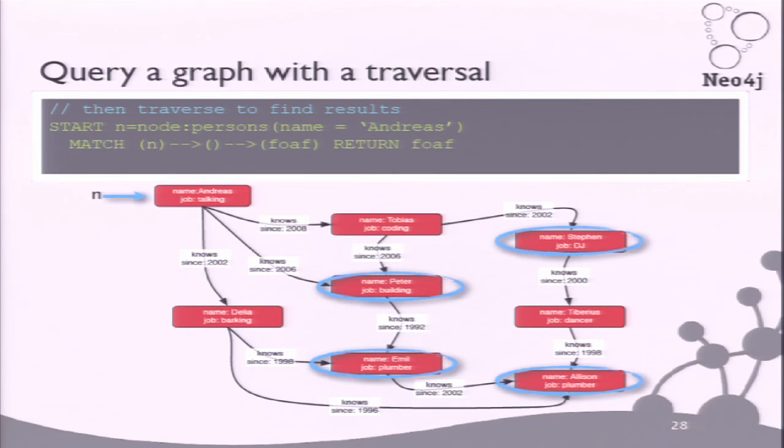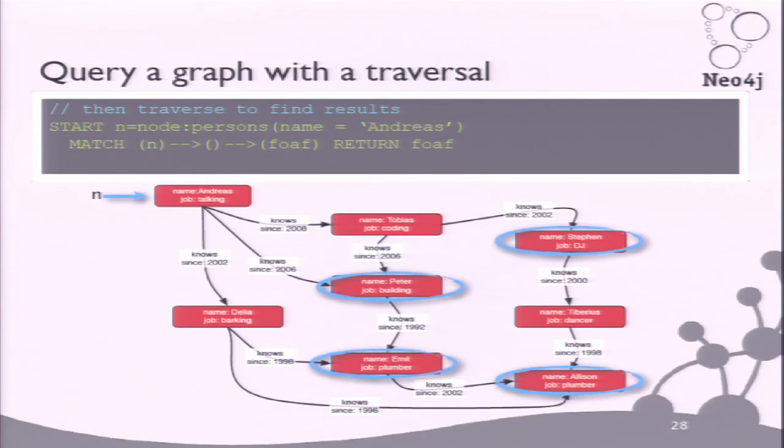And then you see the relationships indicated by an arrow to an unbound variable, another node, and then another relationship to a variable that we call fof, friend of friend, right? And that's the one that we return. So if you look at Andreas over there, you can see that the first variable will be bound to, maybe this is too small for you, the closest friends. And then the second variable is bound to the ones that are 2 hops away.